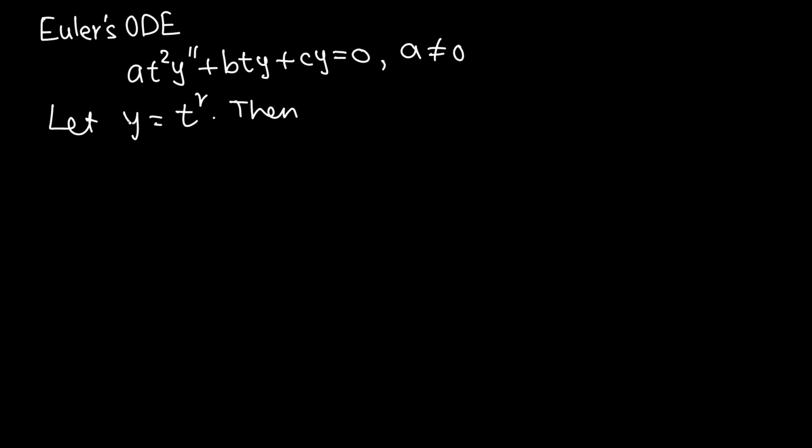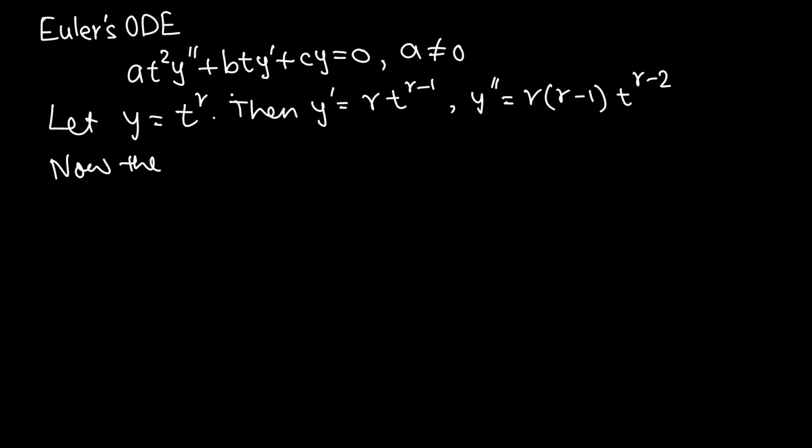Then to plug this into here we need y prime, and we need y double prime. This is y, then y prime is, by power rule, r t^(r-1), and y double prime is r(r-1) t^(r-2).